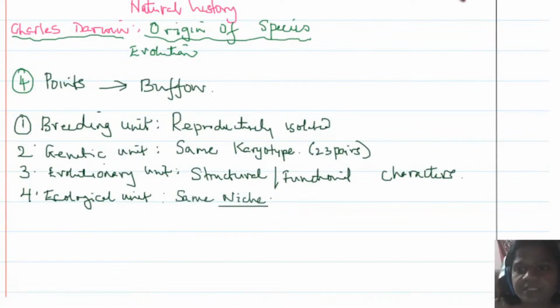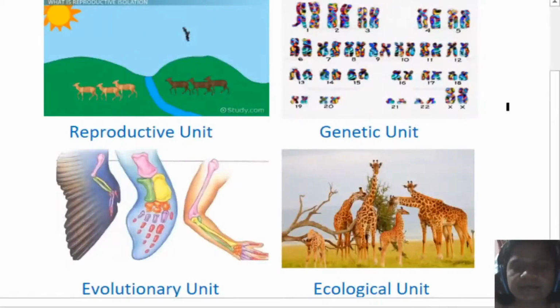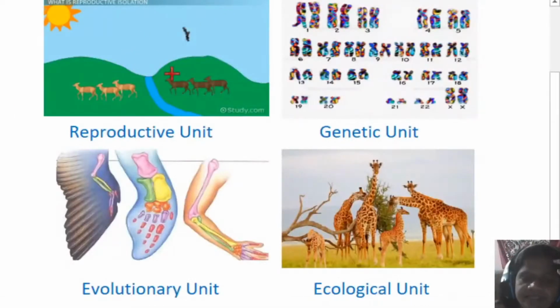So if we see a picture, let's see if we have it. Okay, here we go. So this is the reproductive unit. They are geographically isolated. Reproductive isolation. And it is a genetic unit because it has the same karyotype. This is a human karyotype. We all have this, and this is a female because there are two X chromosomes.